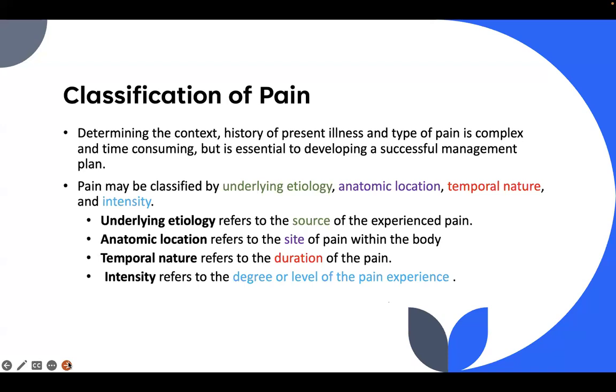So underlying etiology refers to the source of the experienced pain, if there is one, where it's located, the duration, how long the pain has lasted, and then intensity refers to the degree or level of the pain experience.